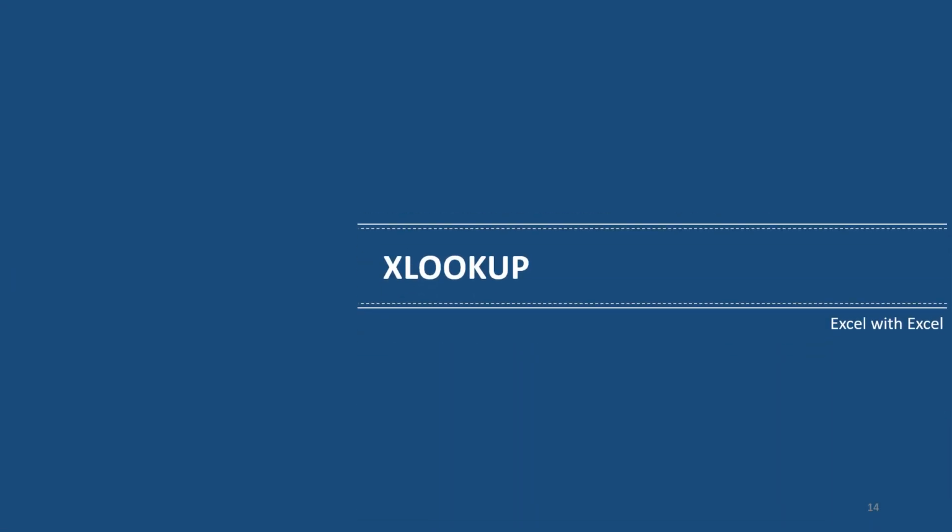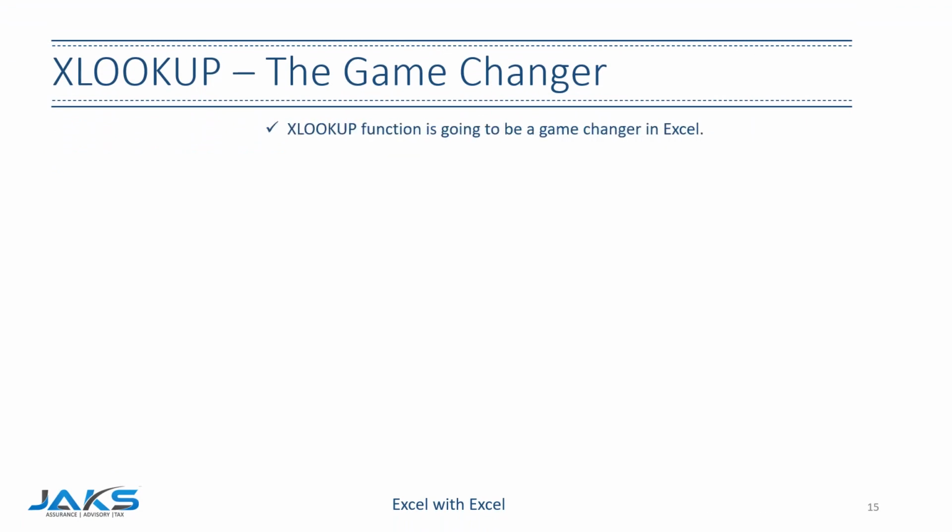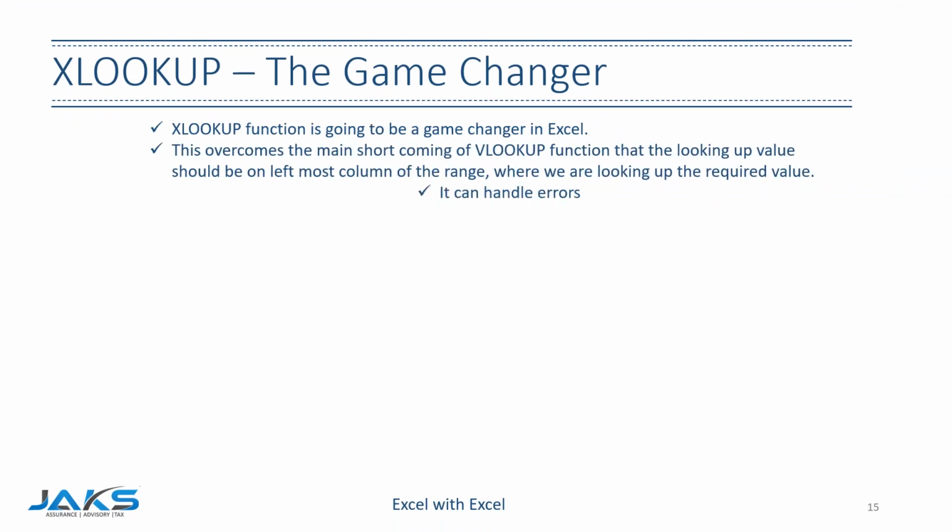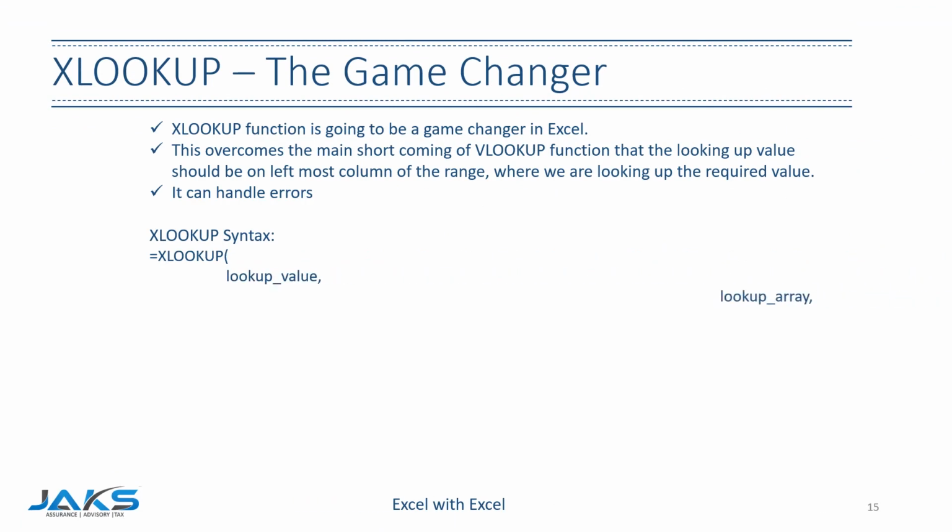XLOOKUP function is an enhancement to the VLOOKUP function. It addresses the shortcomings of VLOOKUP and adds extra features, including error handling. XLOOKUP function is going to be a game changer in Excel. This overcomes the most annoying shortcoming of the VLOOKUP function.